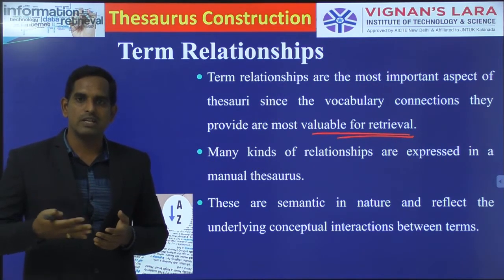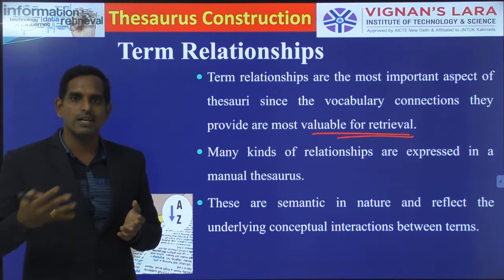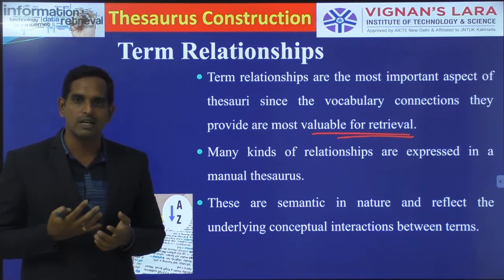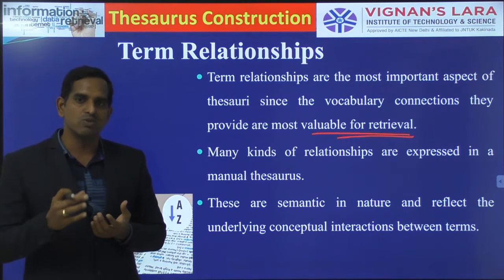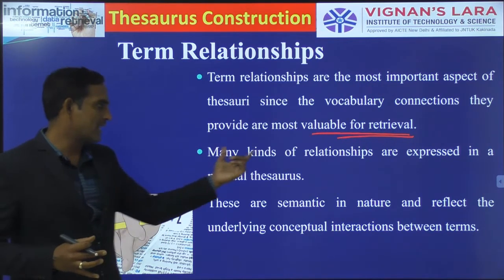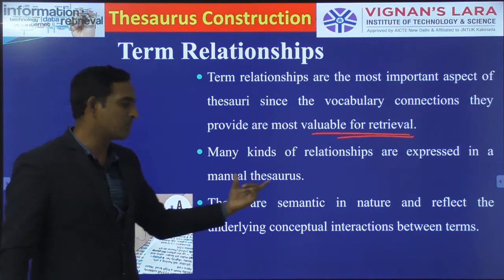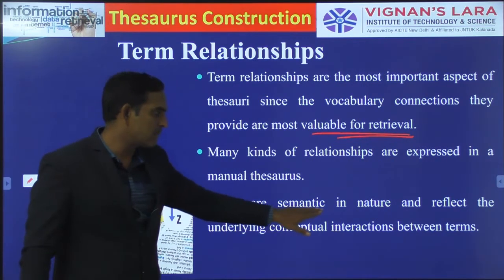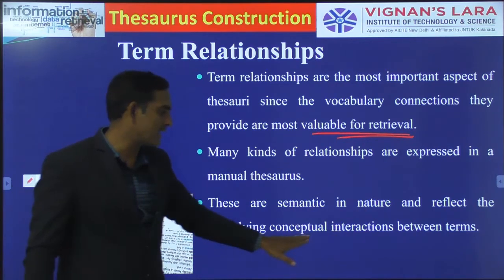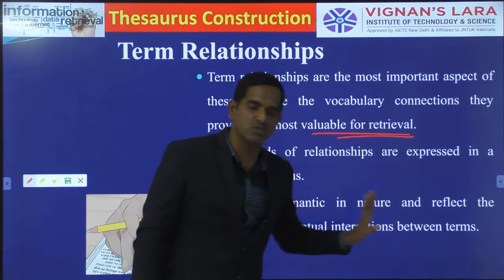Because whenever the retrieval process is happening, all the related terms have to be known for a particular term. At that place, the relationship between the terms will be helpful. So many kinds of relationships are expressed in a manual thesaurus. These are semantic in nature and reflect underlying conceptual interactions between the terms.